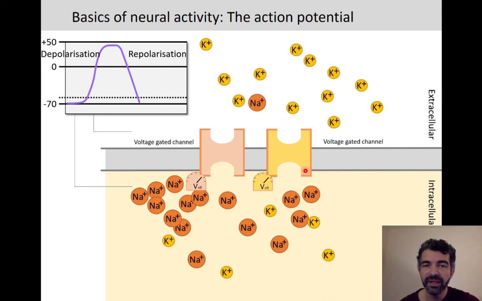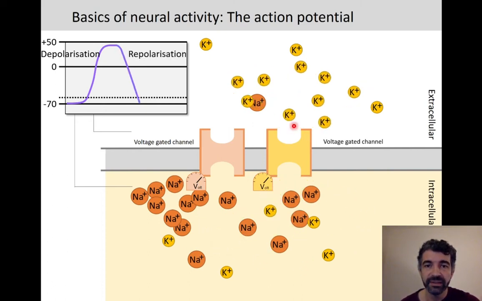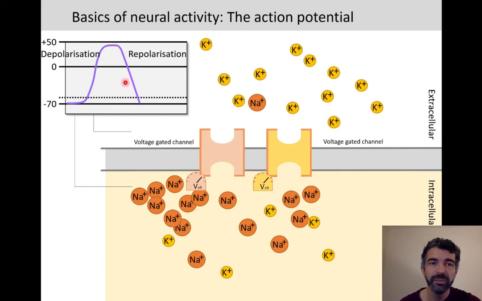Remember, K+ still wants to get out of the cell because of the electrochemical forces that at some point point in the direction outside of the cell. So what happens if these K+ ions go out of the cell is a repolarization, meaning that again the inside is more negative than the outside because all the K+ is missing now.